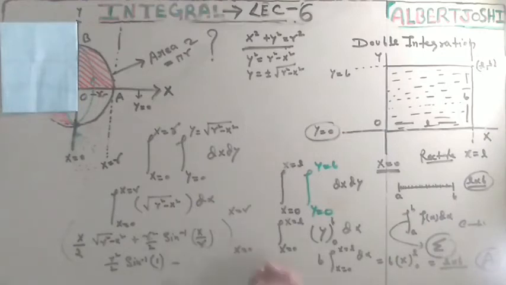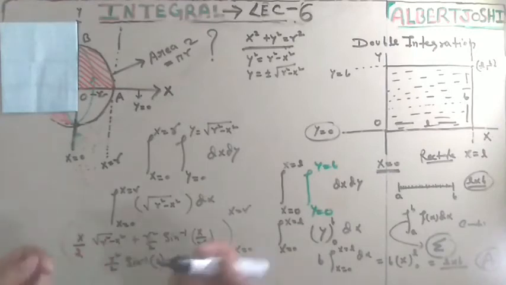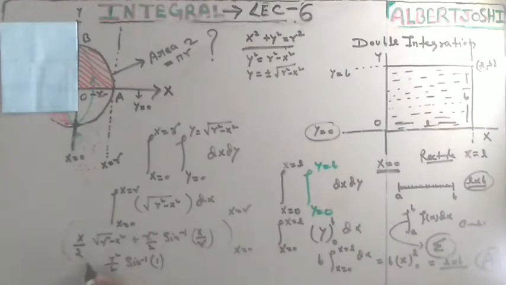Then minus the value at 0: 0 into something is 0 and sine inverse 0 is 0, so do not write it. Sine inverse 1 is pi by 2. So you have r square pi by 2 upon r, that is r square pi by 4.